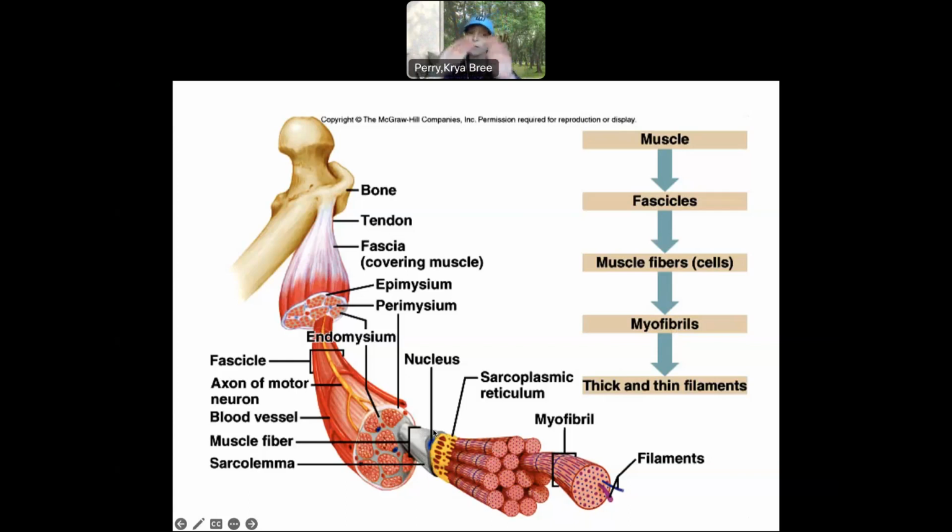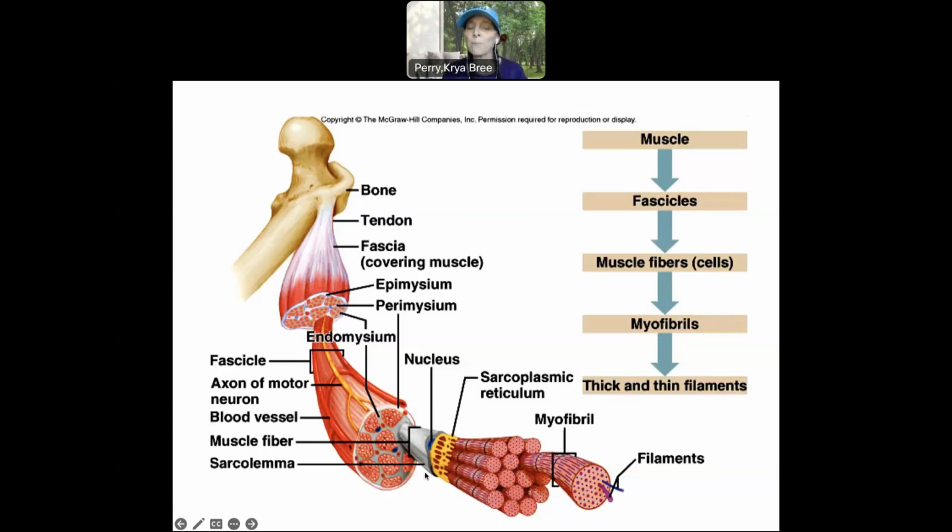It's just some connective tissue covering each of these individual muscle fibers. The sarcolemma is the equivalent of the plasma membrane for a muscle fiber or muscle cell.